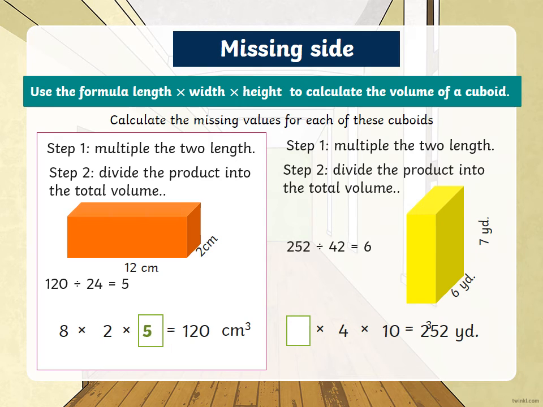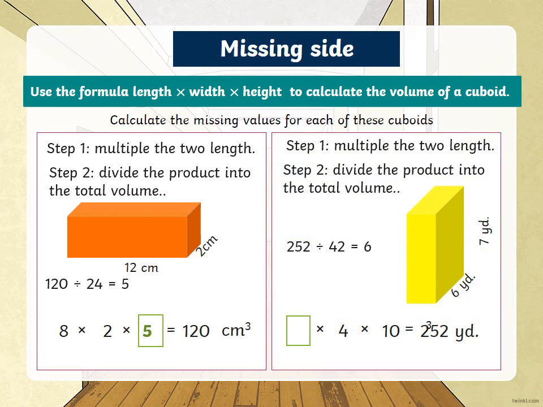And now we have to divide 42 into 252. And that gives us how much? 6 times. So that is how we find the missing side for volume.